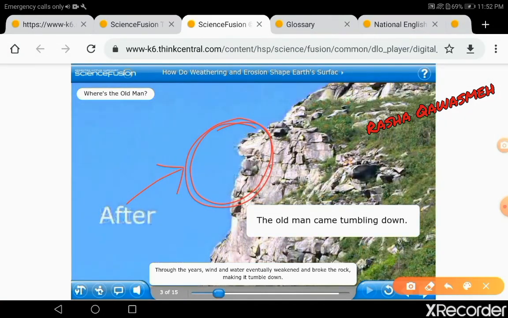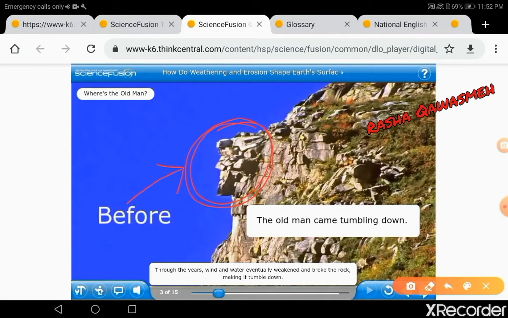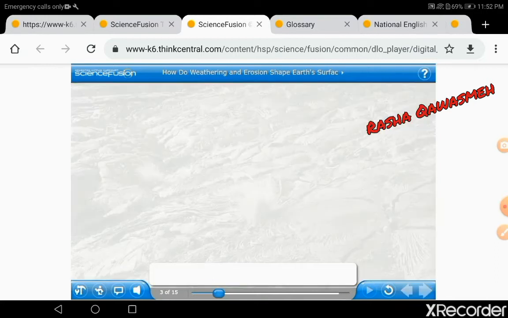So do you see the shape of the old man? Yes, this is before there was a shape of that old man. After many years, it disappeared. It was weathered, breaking down.